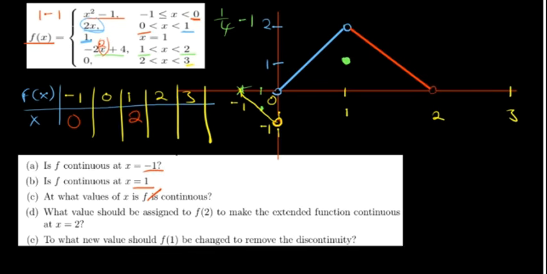Okay, so not continuous. And then from there, the last function as well is not continuous. 2 is not part of it. And then f is equal to 0, so the y is equal to 0 is the x-axis itself. So it's moving all the way up to 3, but 3 as well is not part.